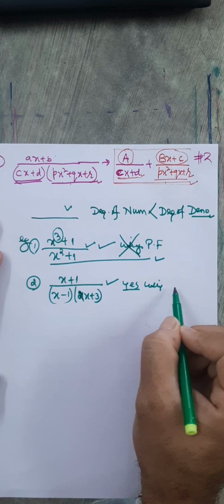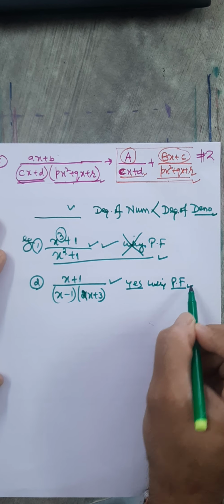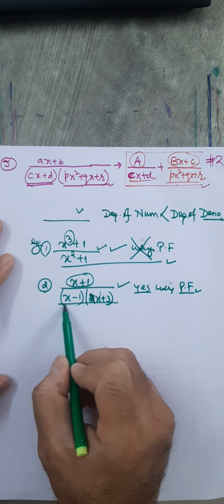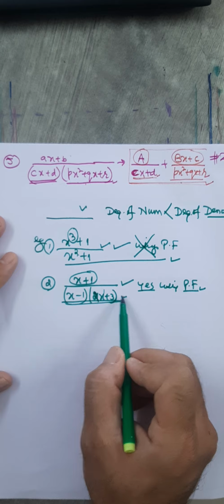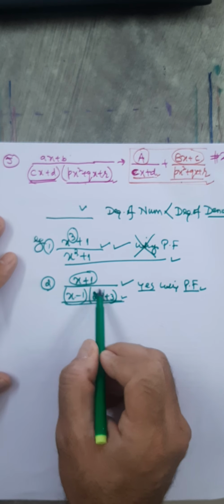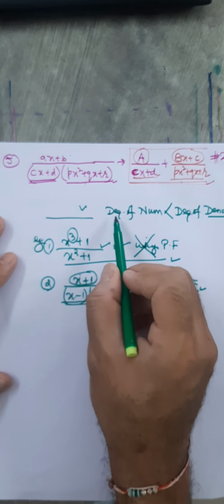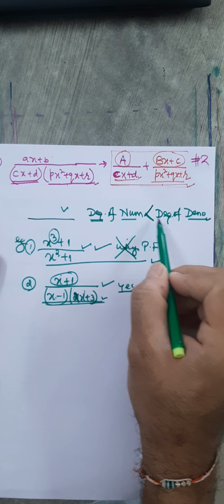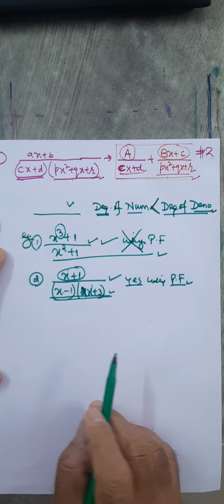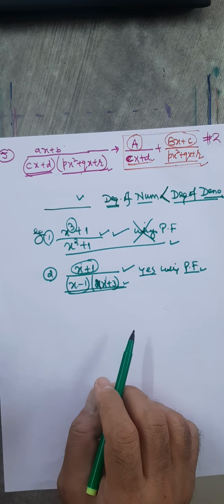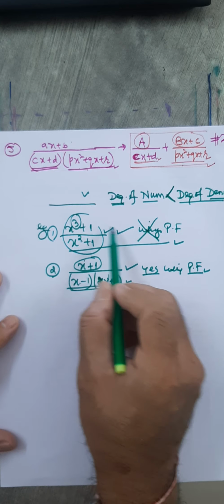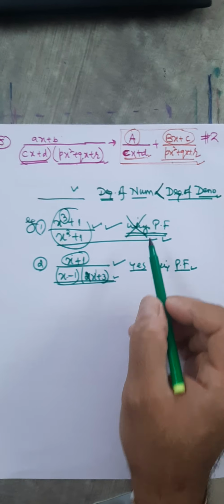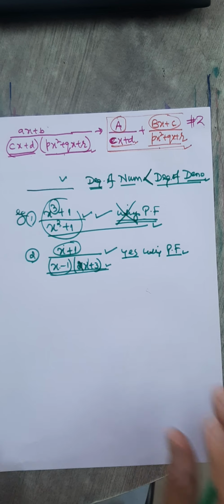Using the partial fraction method, this can be integrated, because here the power is 1, here the total power is 1 and 1. So if I expand, it becomes 2. So this is a quadratic, hence the power is 2, here the power is 1. So the degree or the power of the numerator should be less than the degree of the denominator function. Okay, so you have to keep that in your mind. If you have such a function, you cannot use the partial fraction method directly. Remember, you need to do something else. We'll see if you have such questions.